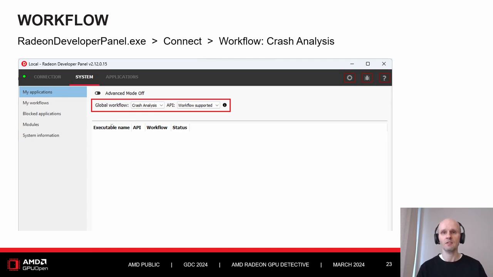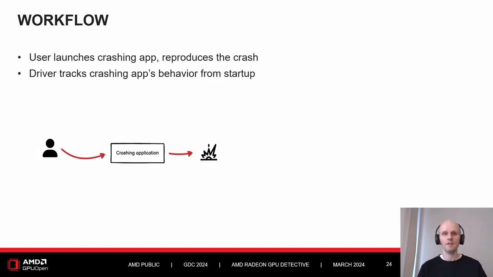We can also set it to explicitly DX12 or Vulkan. While Radeon Developer Panel is running in the background, we can launch the crashing application. RDP process detects the newly launched app, and from the app startup, the tool is tracking all the memory transactions and command submissions.